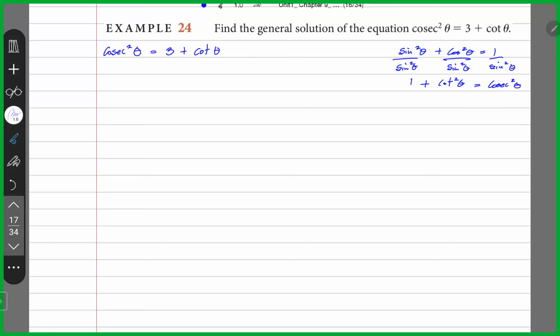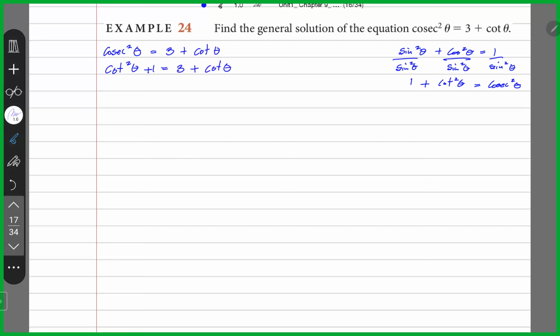So I can replace cosec squared with 1 plus cot squared. So replacing, I get cot squared theta plus 1 is equal to 3 plus cot theta.